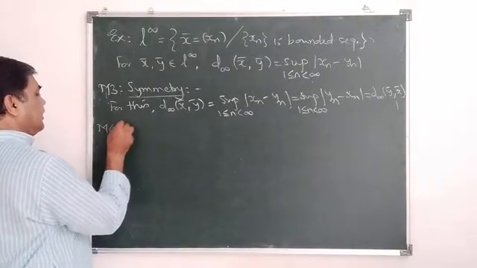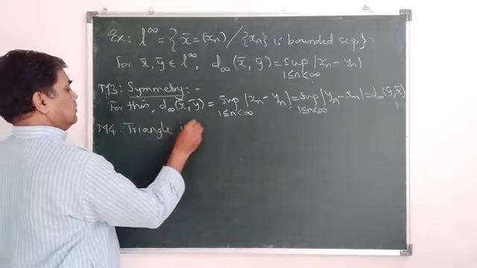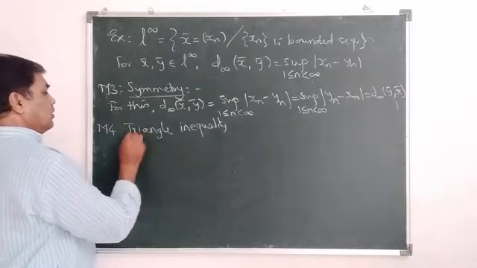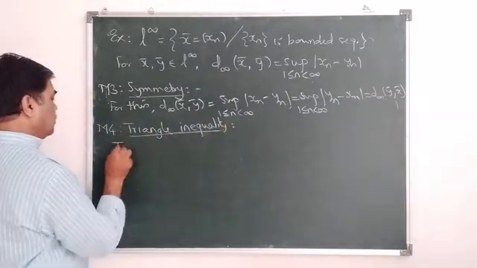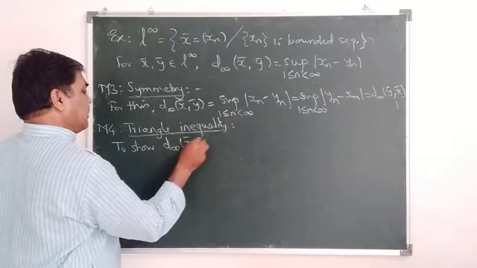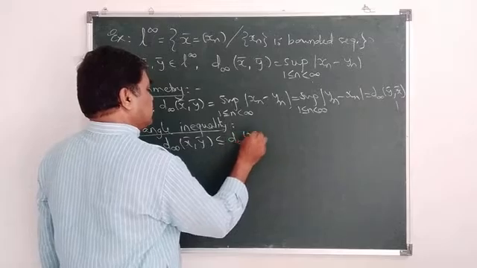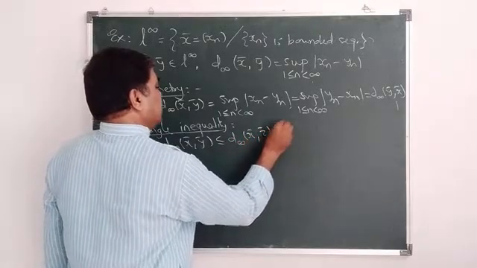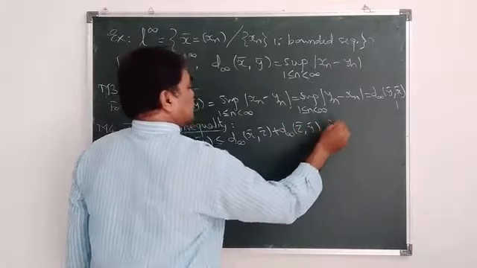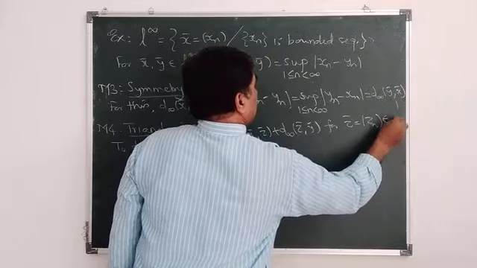M4, triangle inequality. To show D infinity of x bar y bar is less equal D infinity of x bar z bar plus D infinity of z bar y bar, where z bar is equal to zn belongs to L infinity.